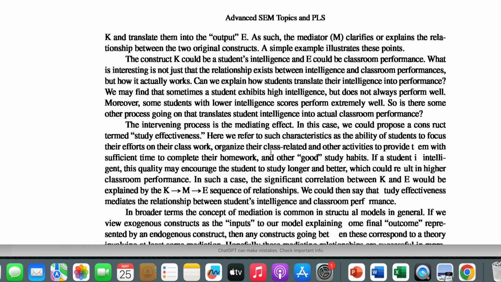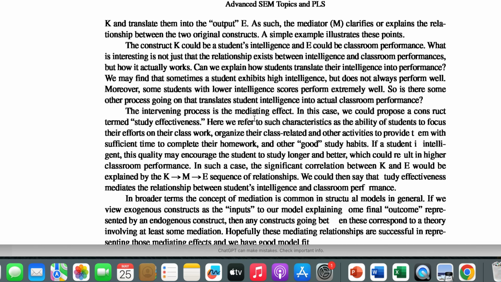A simple example illustrates that point. The construct K could be student intelligence and E could be classroom performance. What is interesting is not just that a relationship exists between intelligence and classroom performance, but how it actually works. Can we explain how students translate their intelligence into performance?